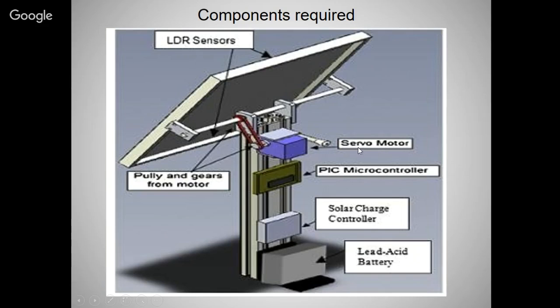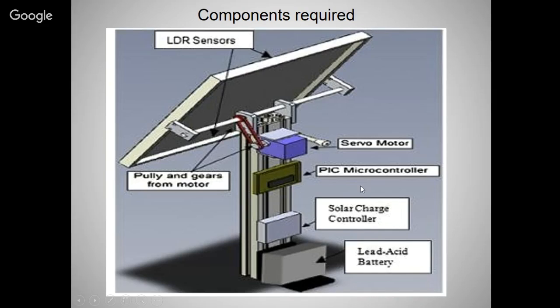In this tracker you can see the DC motor, pulley and gear system for the movement of the solar panel. Here I have attached the panel directly on the axle of the motor, so there is no need of a pulley and gear system. You can use any microcontroller: Arduino, 8051, or PIC, whichever you are familiar with and feel comfortable.